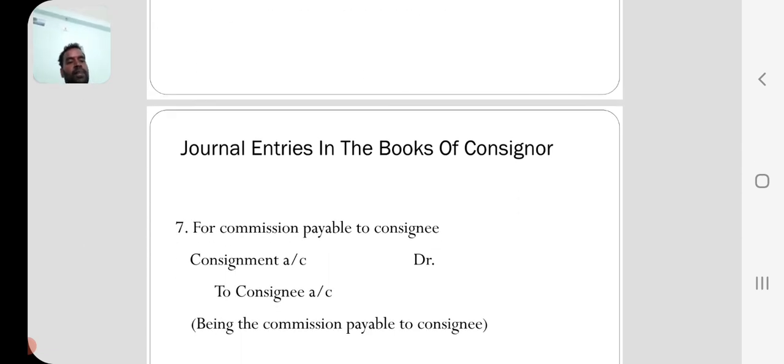For commission payable to the consignee: Consignment account debit to consignee account, being the commission payable to the consignee.